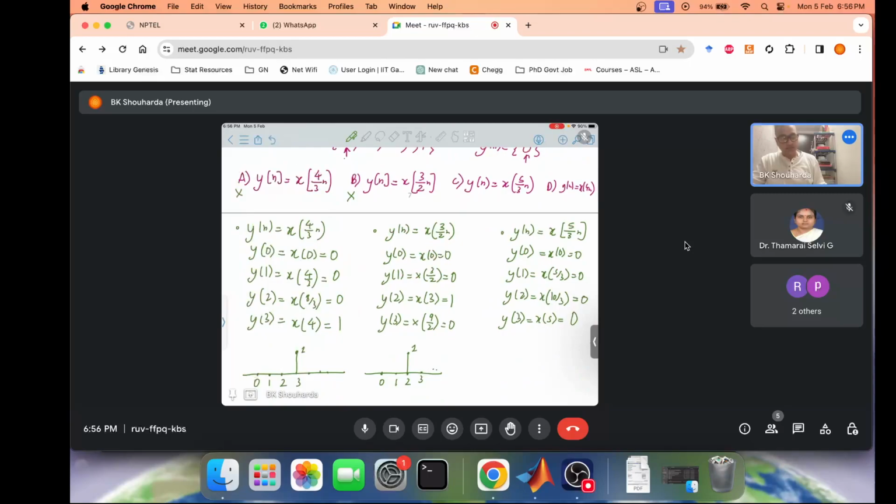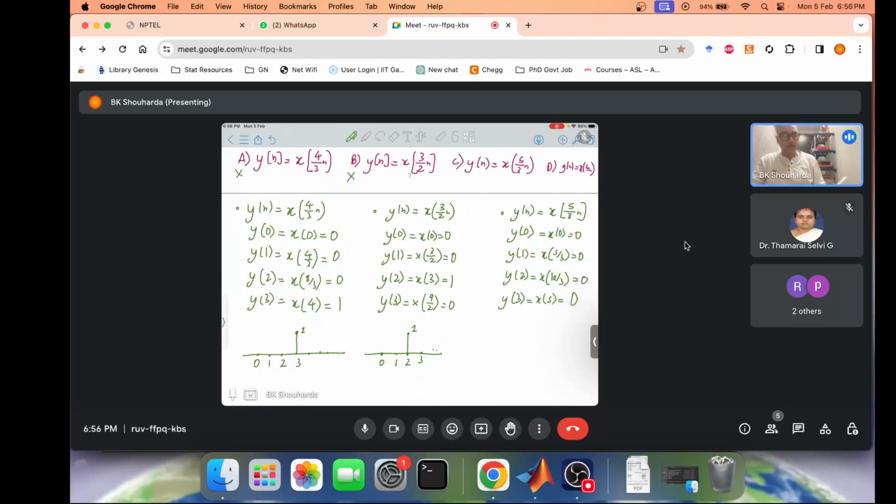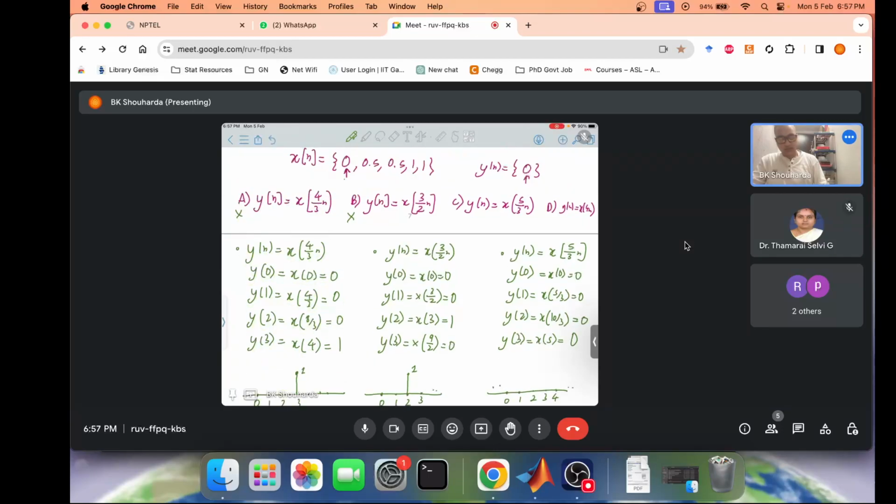So it's 0. If we go further and further, we'll get all fractions, and where it's not a fraction, we see that x[n] becomes 0. So you see, this is the only option which boils down to all zeros, and hence this is the correct answer.